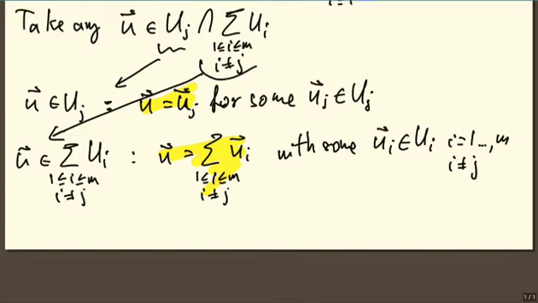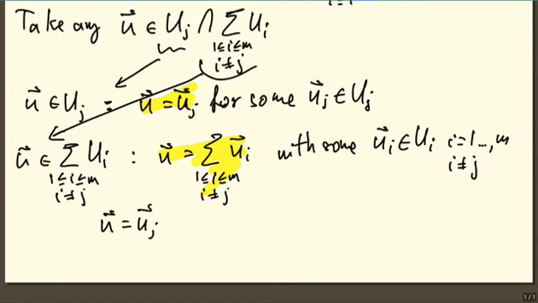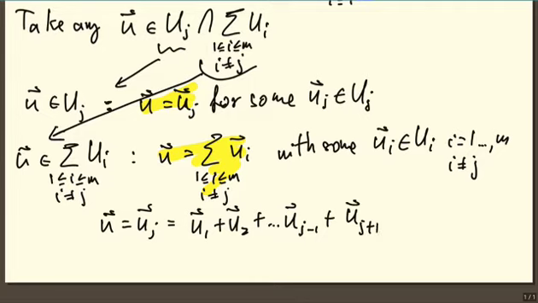But the way we show that this can only happen if u is 0 is that first of all, we write down that u equals u_j, and then this equals u1 plus u2 all the way up to u_{j-1}, because we skip u_j, so in the sum we don't have the u_j. That means after u sub j minus 1, we're supposed to have u sub j plus 1, and then we continue all the way up to u sub m vectors.